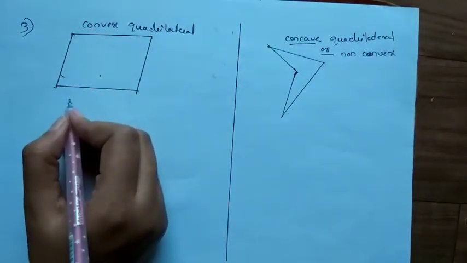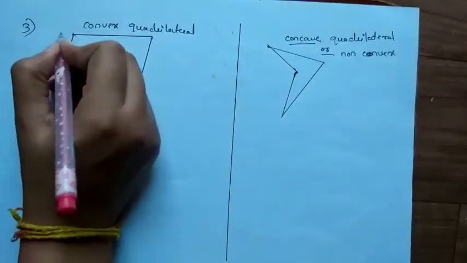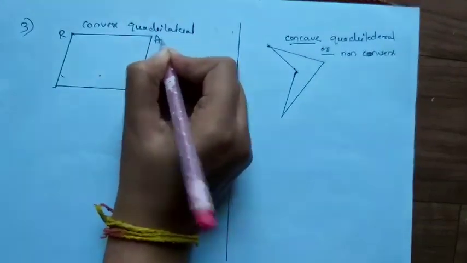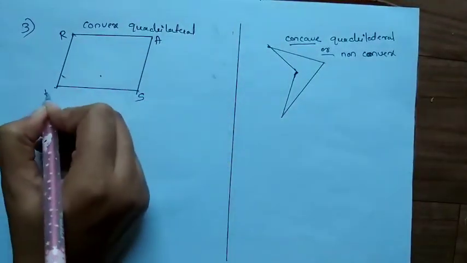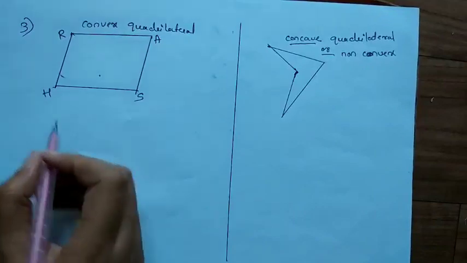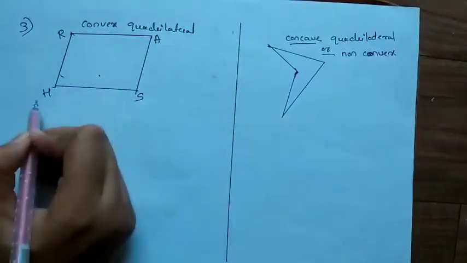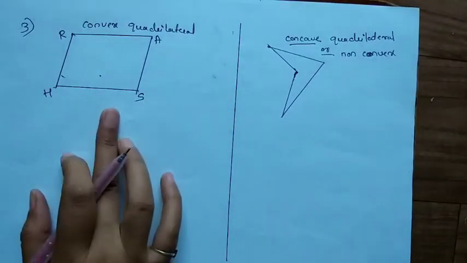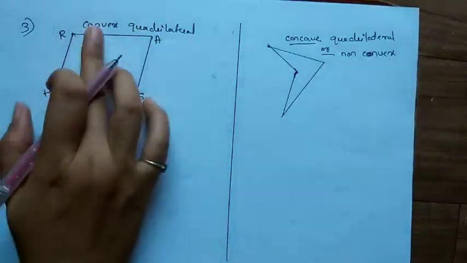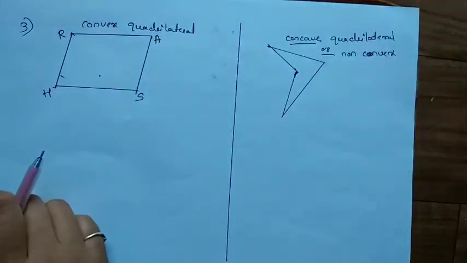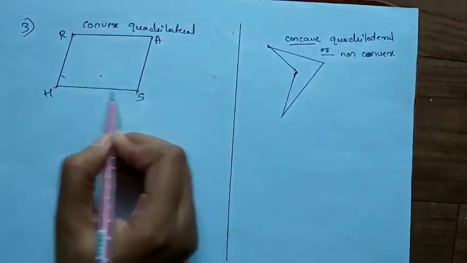First we have to give the vertices names. You may give any names, any alphabets, but the alphabets should be capital letters. I will give the vertices names as R, A, S, H. In this quadrilateral, there are 4 vertices and 4 sides: 1, 2, 3, 4.